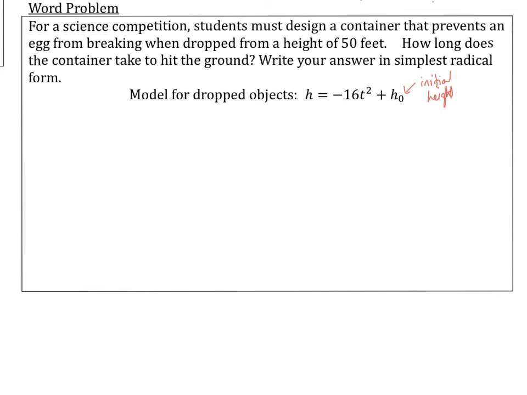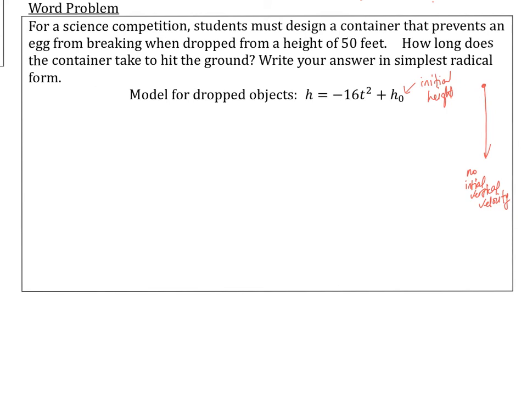Remember in chapter 8, for dropped objects, there's no initial vertical velocity because the object does not travel in a parabolic path.